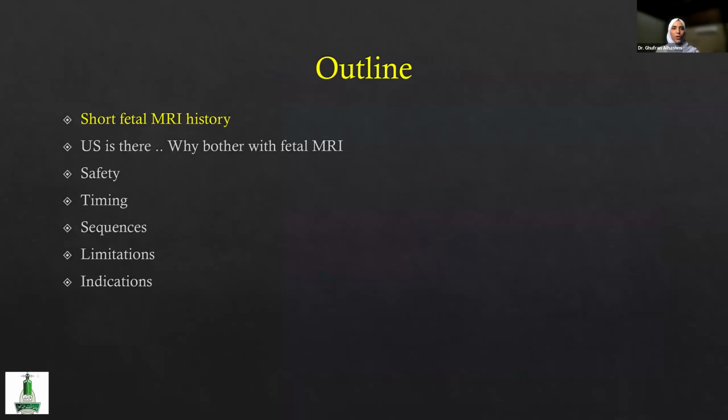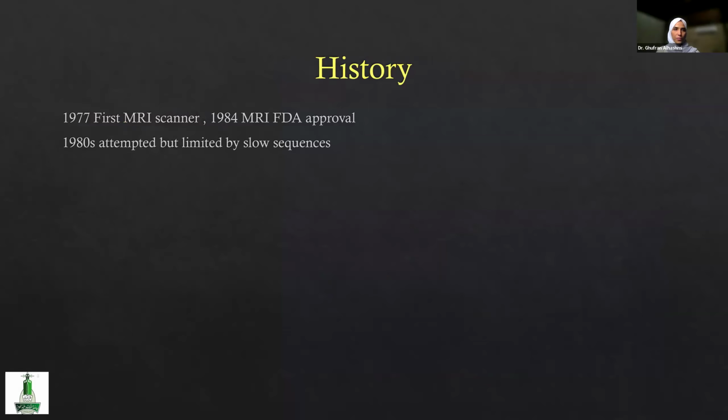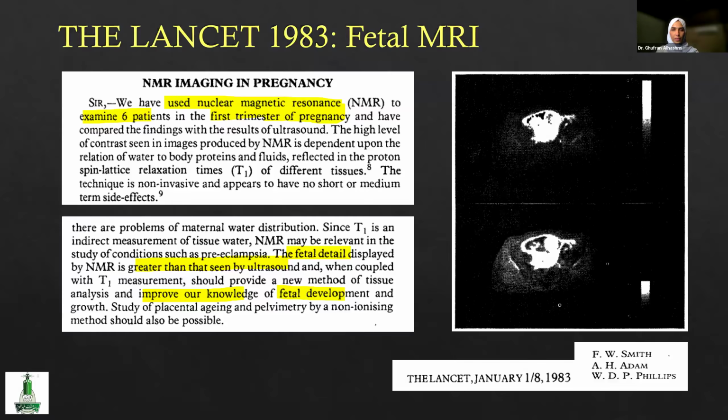All right, we'll go over a short fetal MRI history. In 1977, the first MRI scanner was made, and in 1984, it was FDA approved. Since the 1980s, there have been attempts to perform fetal MRI, but they were all limited by the slow sequences available at that time. Shown here is an example of a fetal MRI image published in the Lancet in 1983.